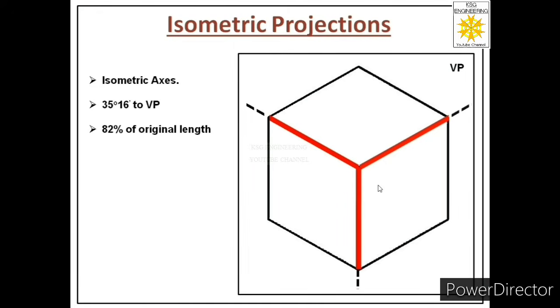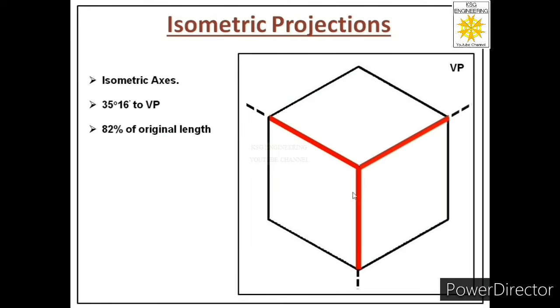Another important observation is that suppose the size of the cube is 50 millimeters. But when we draw its isometric projection, its edges will be inclined to the vertical plane. So when you look at the cube in that particular position, these edges will seem to be reduced edges. Why? Because these are inclined to VP.